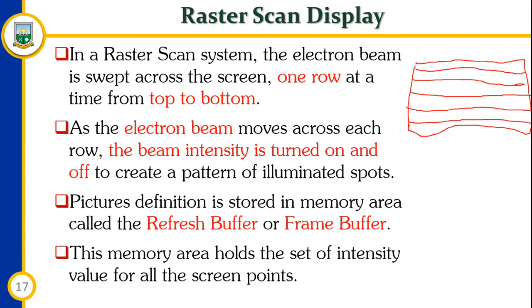As the electron beam moves across each of the rows, the beam intensity is turned on and off to create a pattern of illuminated spots. So for instance, if we want to draw a character like A or maybe B, the character B on the screen.